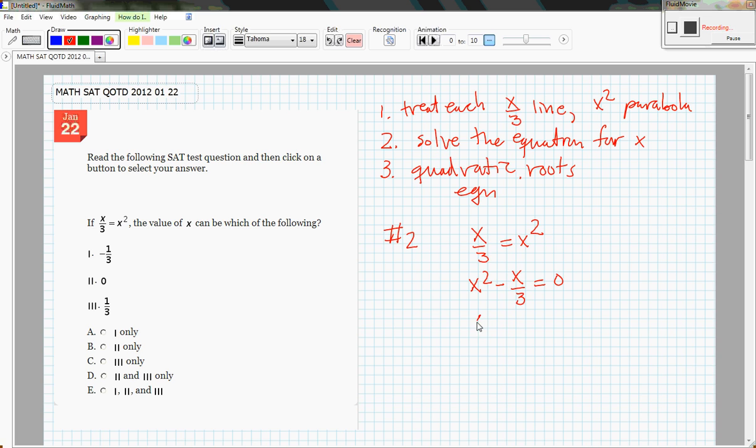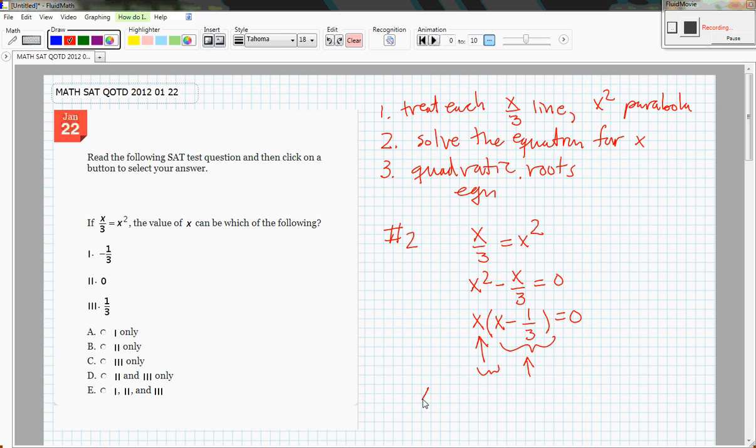Now the interesting thing is you can pull out a factor of x, so you have x times (x minus 1/3) equals 0. And what you know is that in order for this to be true, either this has to be equal to 0, this term, and this can be anything, or this term needs to be 0, and this could be anything.